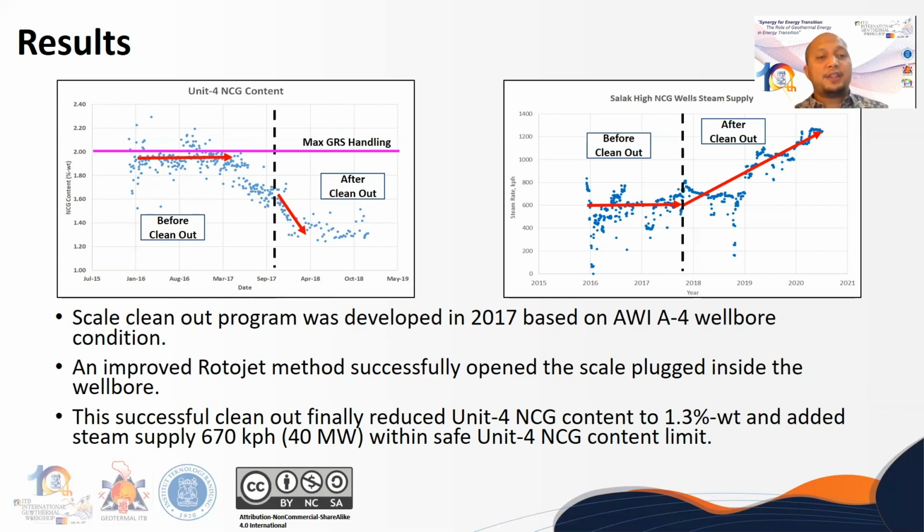And finally, this improved method has successfully open the scale plug and finally able to reduce the unit 4 NCG content down to 1.3% of weight. And with this situation, we added steam supply about 670 kps or about 40 megawatt in Salak field within safe operation in unit 4 below the NCG content limit.